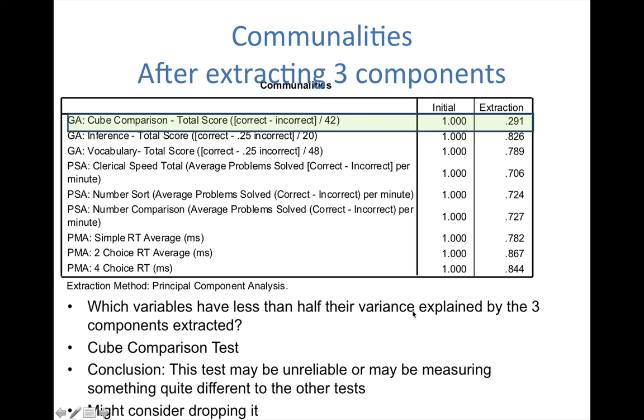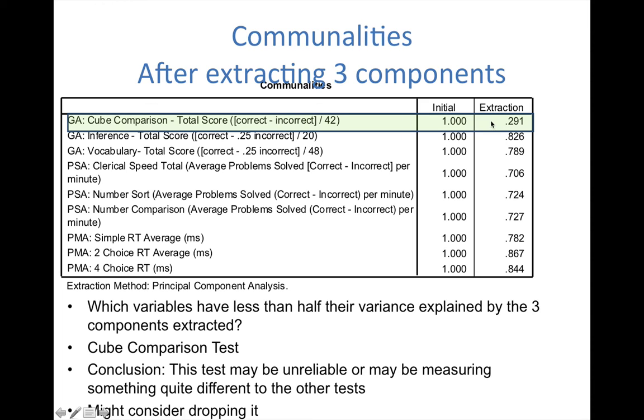Okay, so I looked at the communalities and also theory. Theory said 3 factors, and when we looked at the communalities using principal components analysis, we can see the percentage of variance that each test shares with the extracted 3 components.